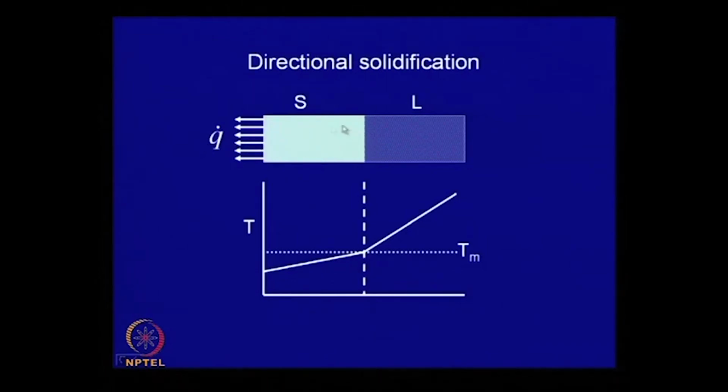This is the part of the solid which has formed, this is the liquid, and heat can flow only along this direction. As we know, when solidification takes place, heat has to be extracted. Heat can flow only if there is a favorable temperature gradient.